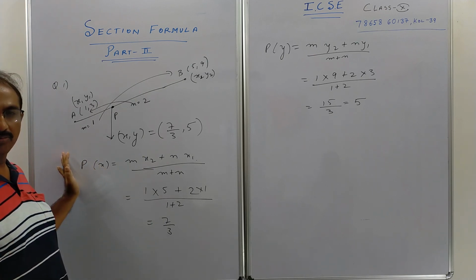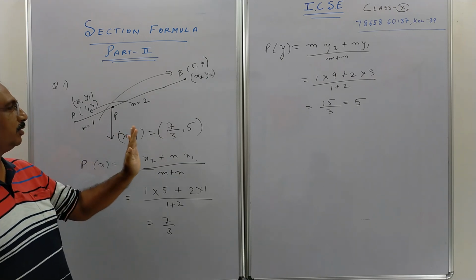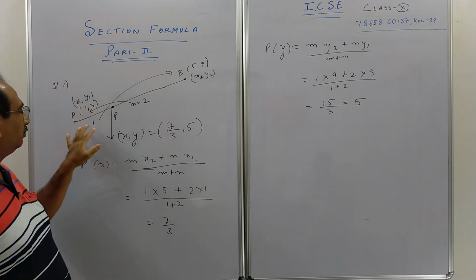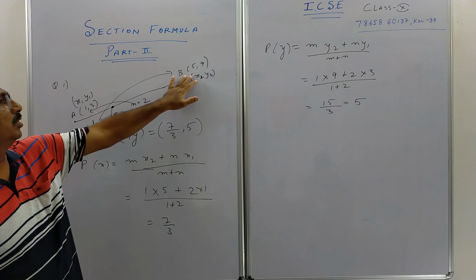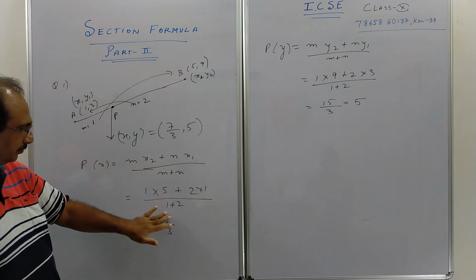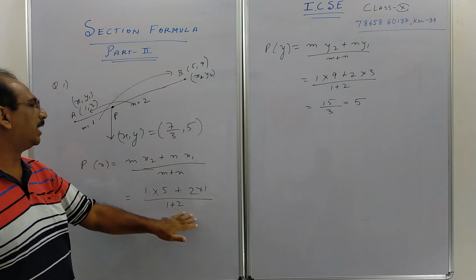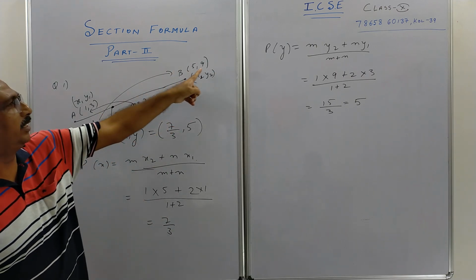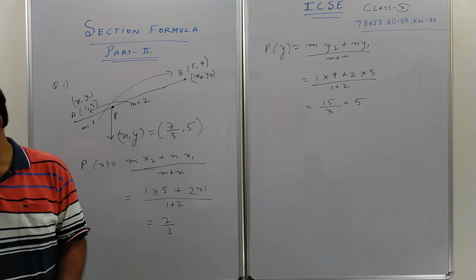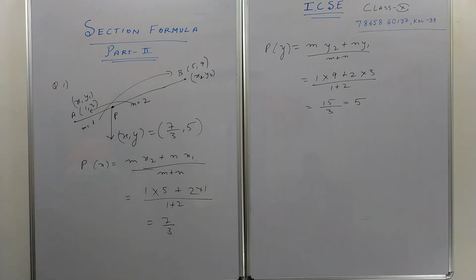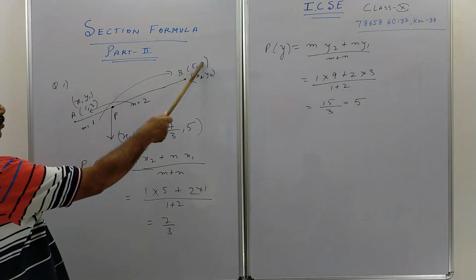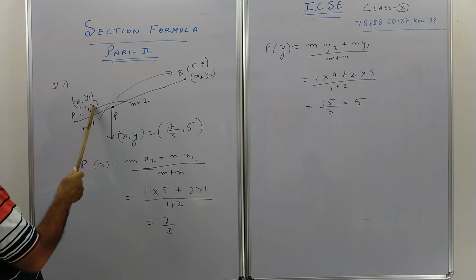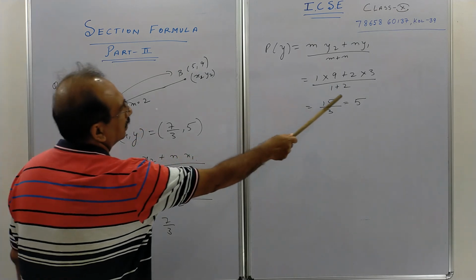Then we will do the first sum from ML Agrawal, with the formula: m x2 plus n x1 by m plus n. This gives us this. And m y2, 1 into 9, plus n y1, which is 3, divided by m plus n.